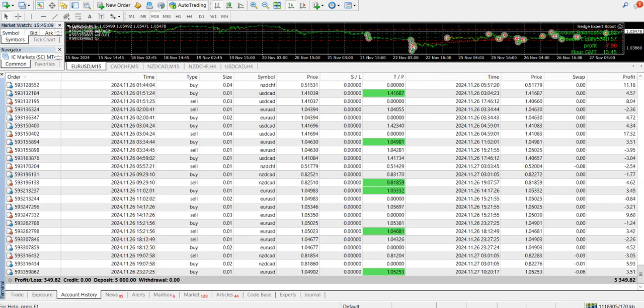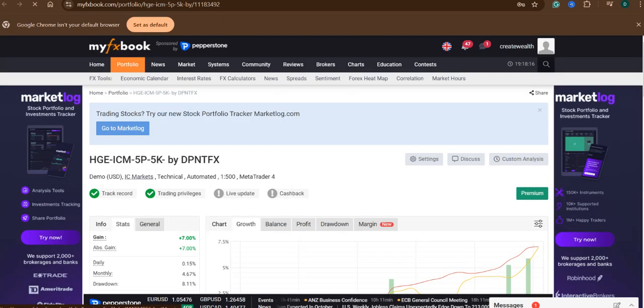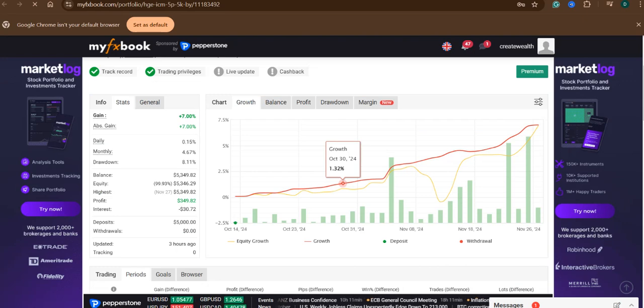Okay, and if you would like to see the MyFXBook, so this is the MyFXBook page.